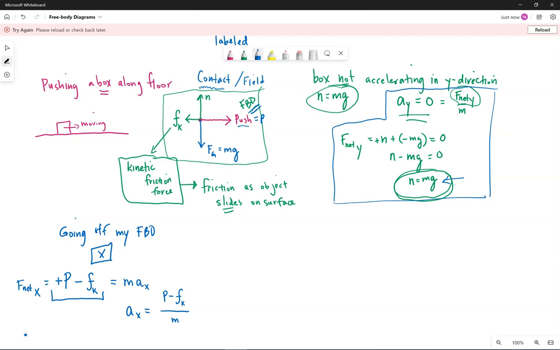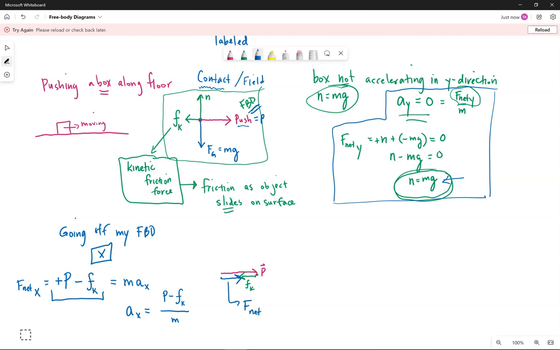So again, in my picture, I've drawn the pushing force, P, that long. When I subtract friction here, the result, where I started the first vector to where I ended the last vector, represents the net force.